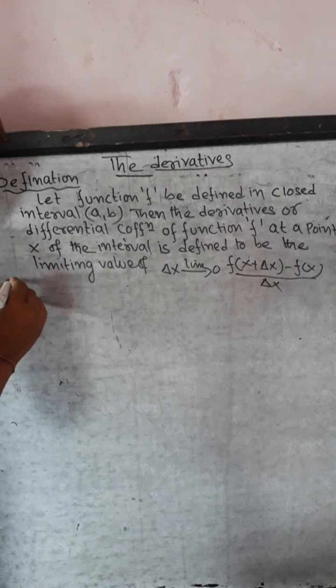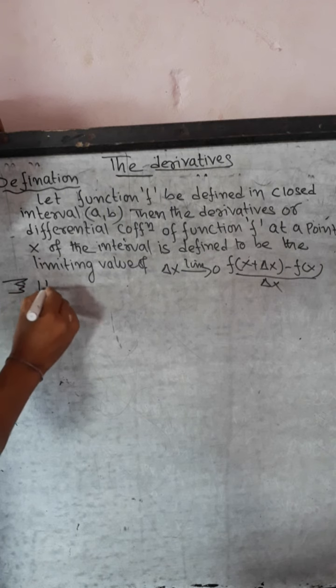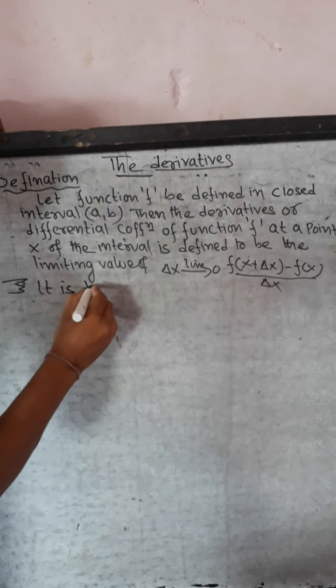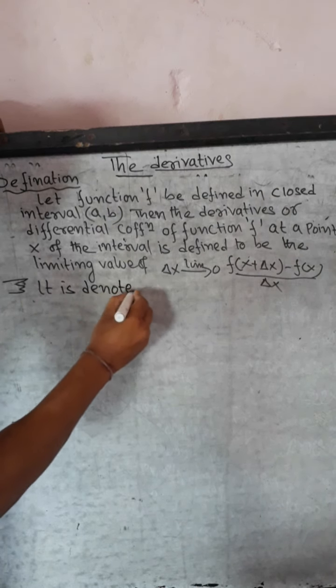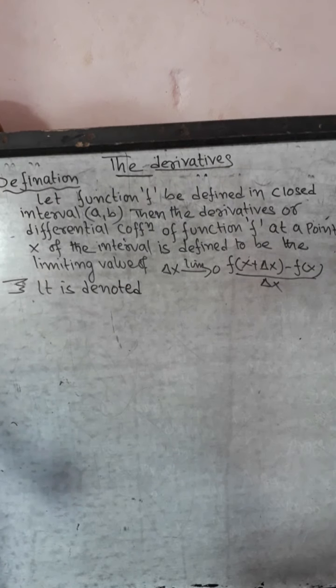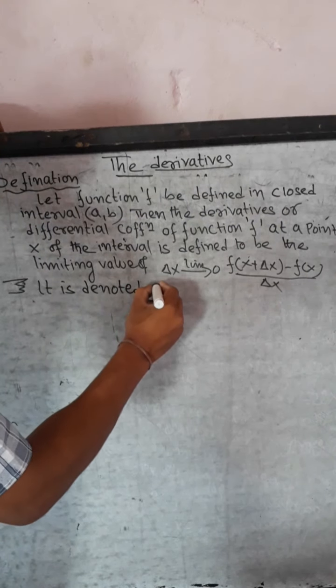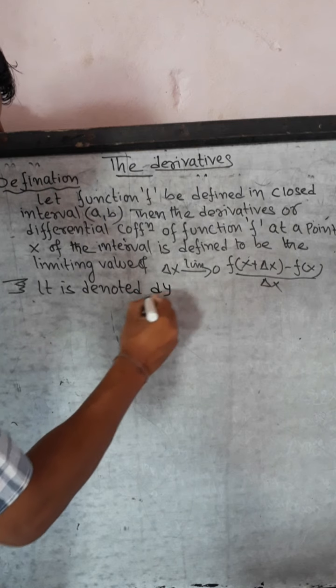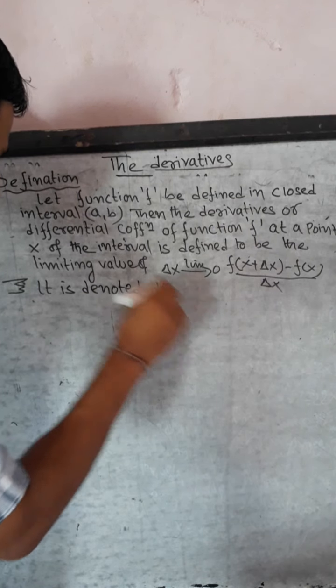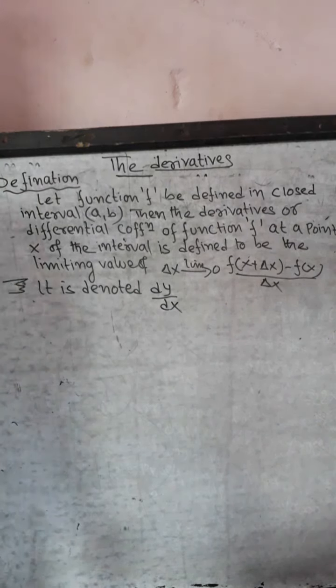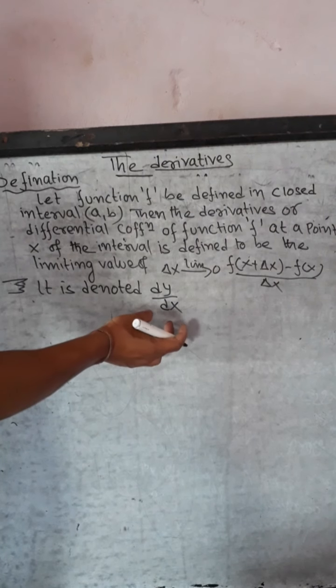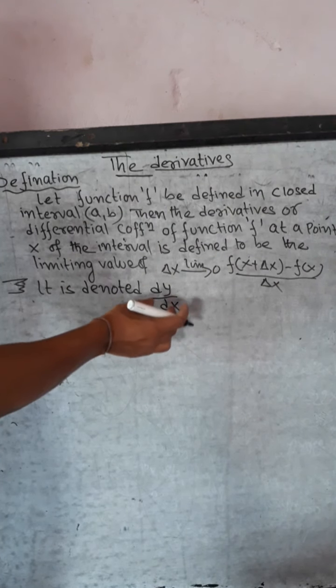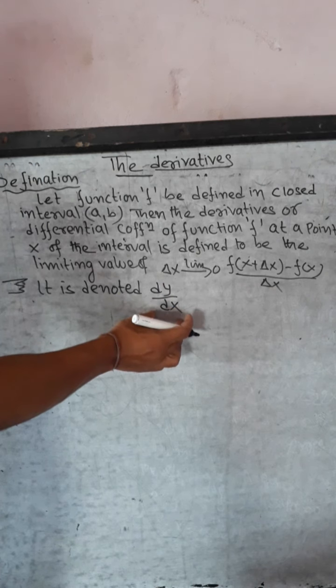Now how to denote these derivatives? If y is the function, then you write dy by dx, and you read this as derivatives of y with respect to x.